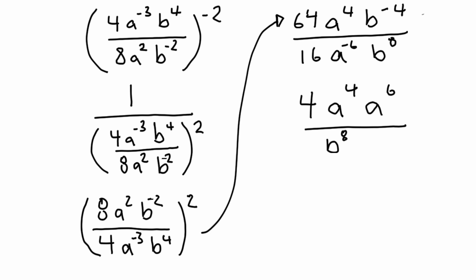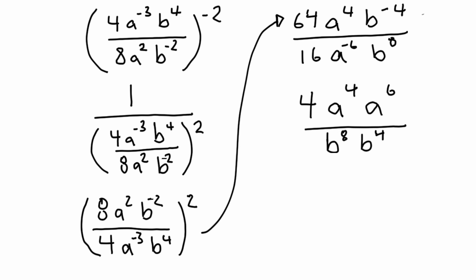But I also have this b to the power of negative 4 on top. But I can bring it to the denominator just by turning it into a positive. So this becomes b to the power of positive 4. So we just flip things around a little bit.